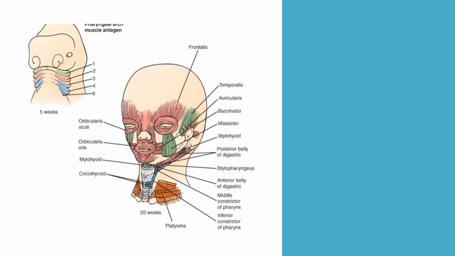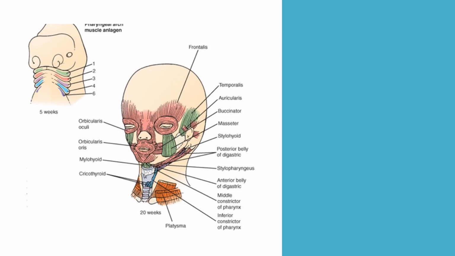And then the second one is the second arch. In the second arch, mainly the muscles of facial expression are developed. So obviously the nerve supply to this region is the facial nerve.